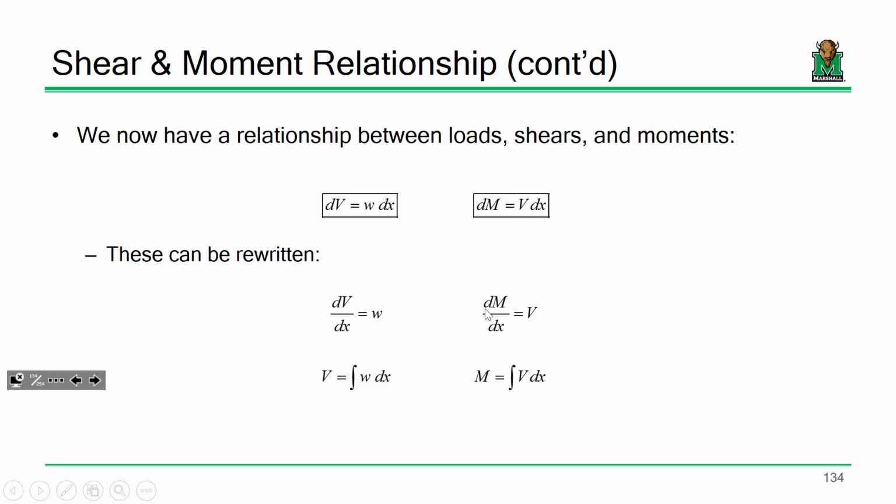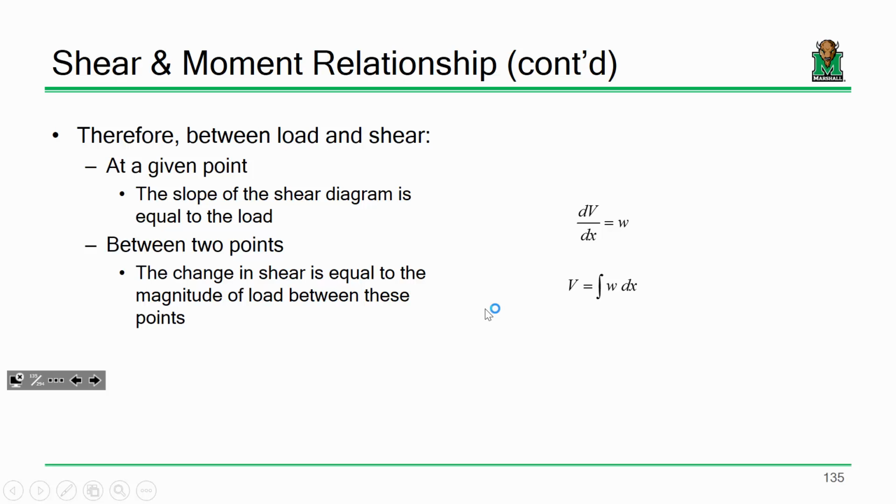The idea that if I want to determine the shear, I can just integrate the load diagram. If I want to determine the moment, I can just integrate the shear diagram. So it gives us some pretty straightforward relationships, okay? And you'll hear me use some language, things like lot to a little and whatnot when we draw moment diagrams that I think will explain this pretty reasonably.